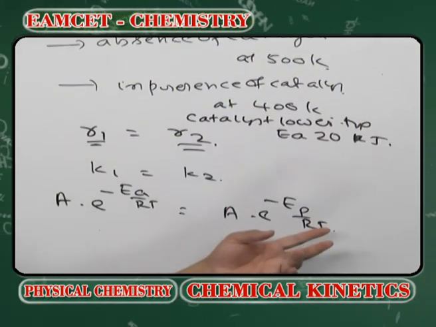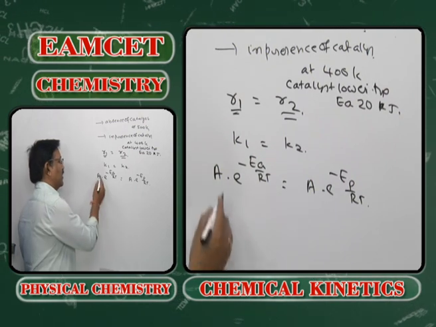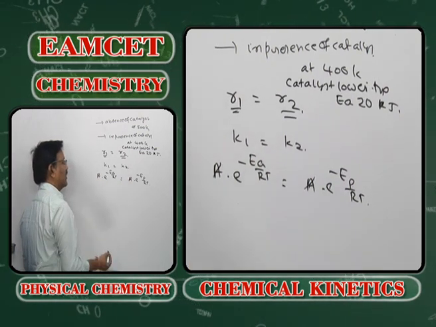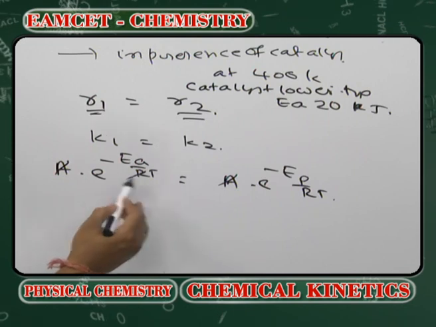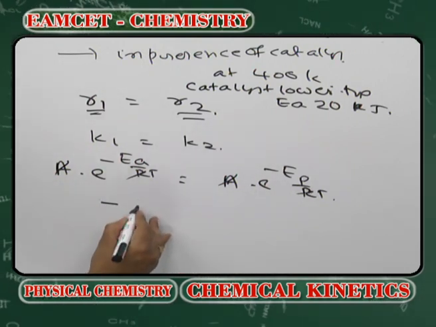What is meant by EP? Activation energy in the presence of catalyst. A gets cancelled out, and R gets cancelled out. What is left over?